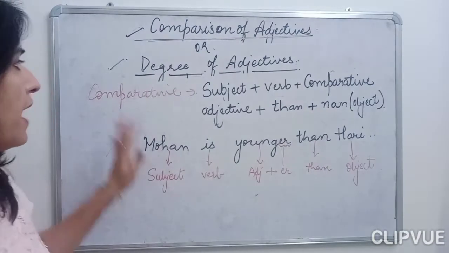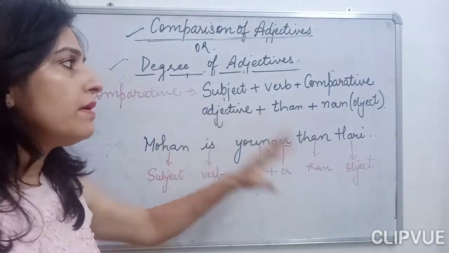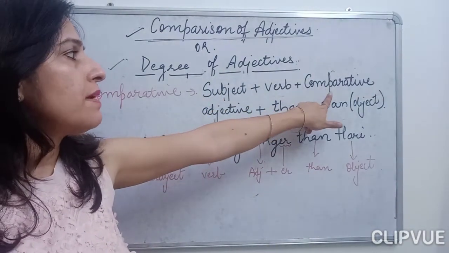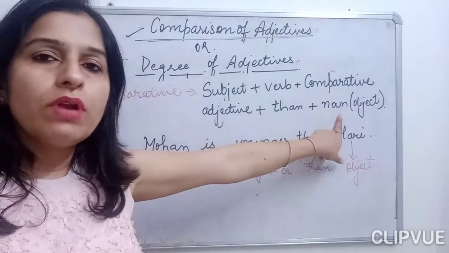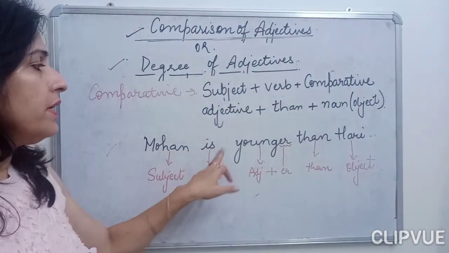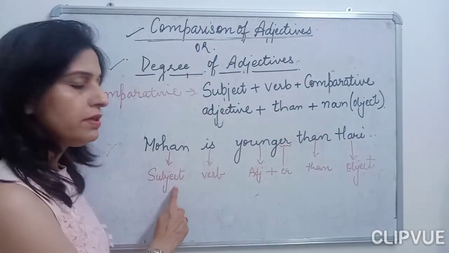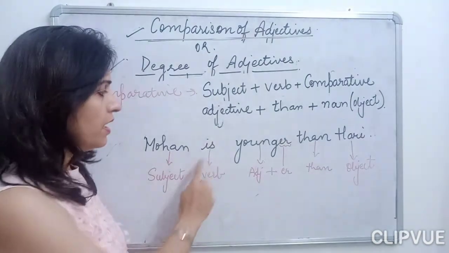Now, see this, children. I have given a rule that you will follow while we are doing comparative sentences. Subject plus verb plus comparative adjective plus than plus noun. How does it go, children? Mohan is younger than Hari. Okay, so अब मेरा मोहन subject है. हम इसके बारे में बात कर रहे हैं, मोहन के बारे में.